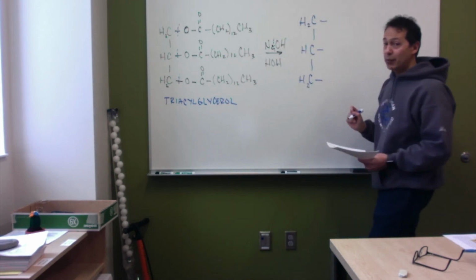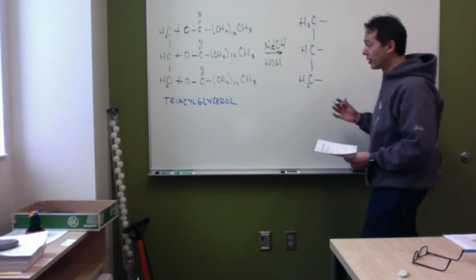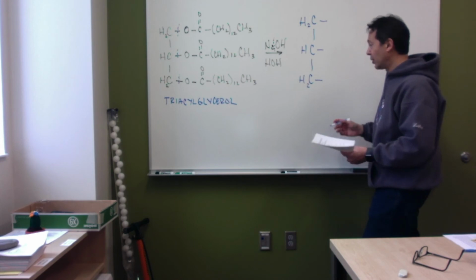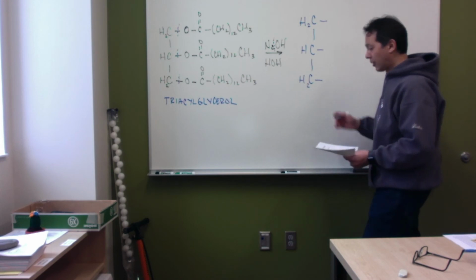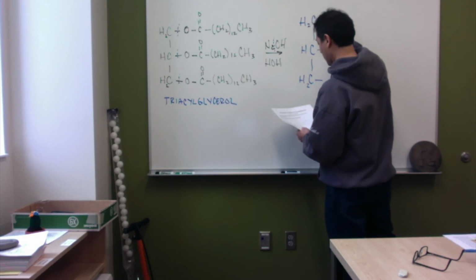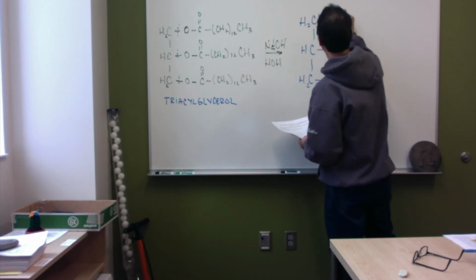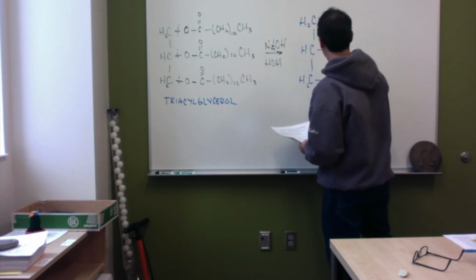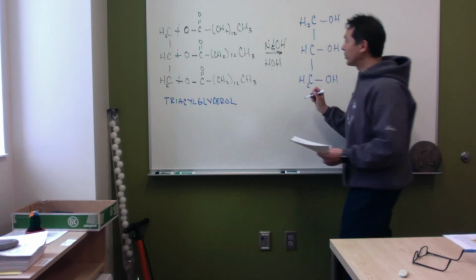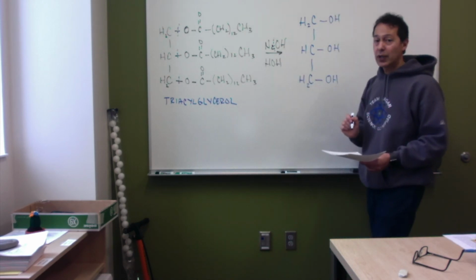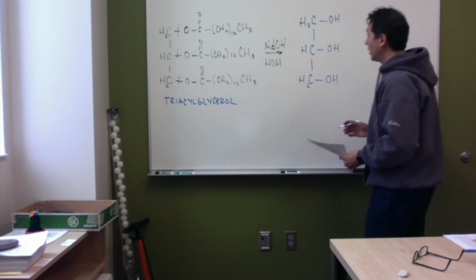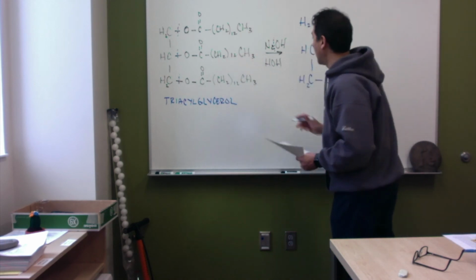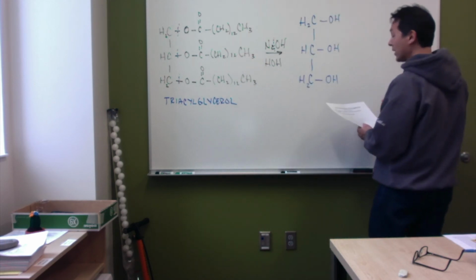So there's our basic backbone of our triglyceride, or our glycerol. And we're going to have hydroxyl groups on here. And those came from our sodium hydroxide. And then we're going to have sodiums attaching onto our fatty acids. So I'm going to redraw these fatty acids here.